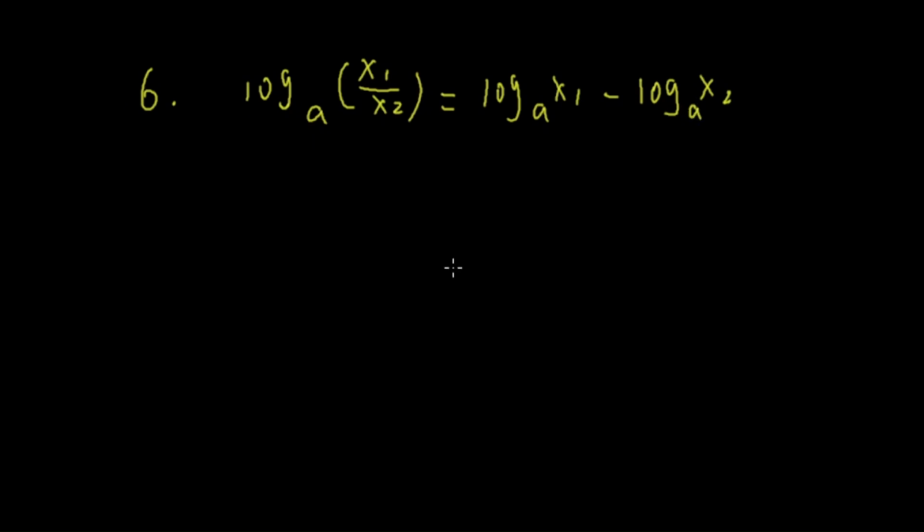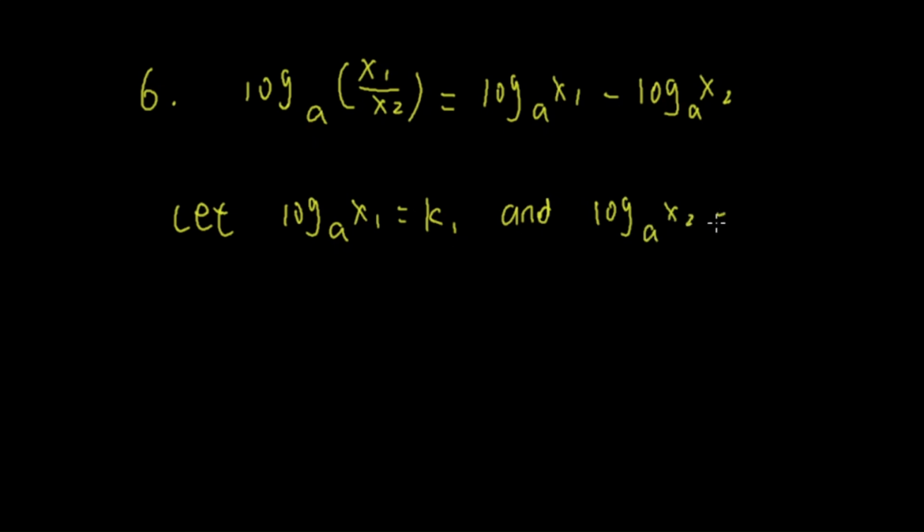Okay, let's do this again. Let log x sub 1 to the base a equal k sub 1 and log x sub 2 to the base a equal k sub 2.